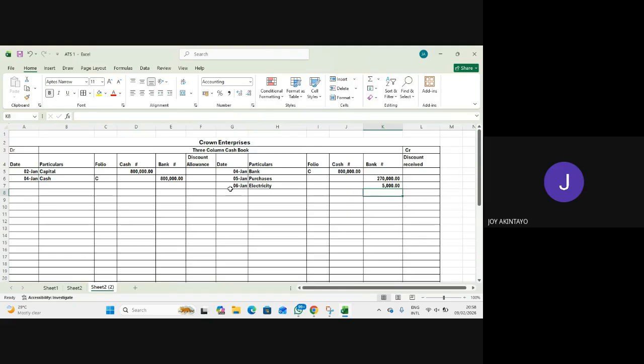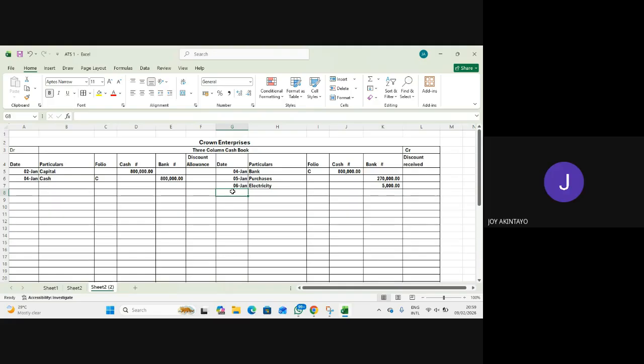The next transaction, rent by check, 7,000 naira. So how do we treat? We credit the bank also. I'm with you. We credit the bank too.